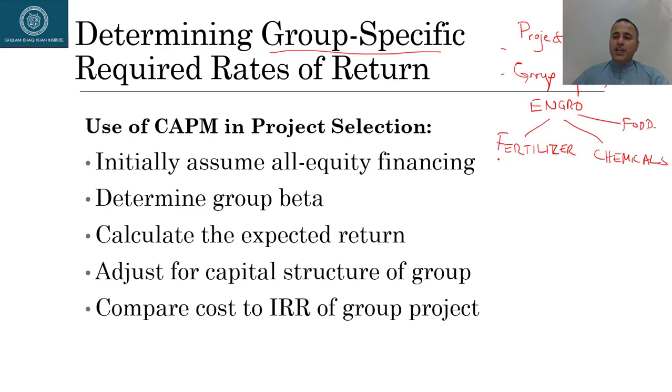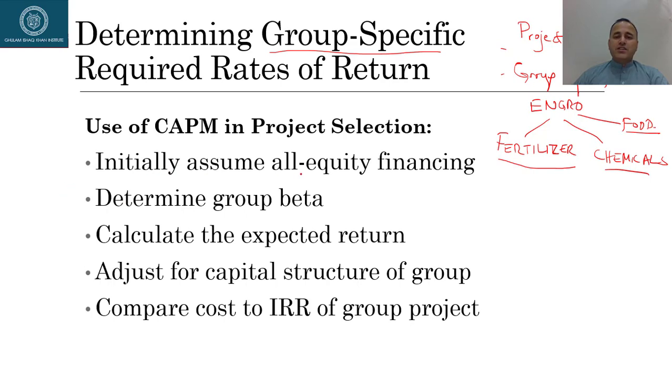So for each line of business, for each division of operation or division of product, you create those divisions based on something. So each division or each category actually is a group. So you calculate a group specific required rate of return, and you follow exactly the same approach.